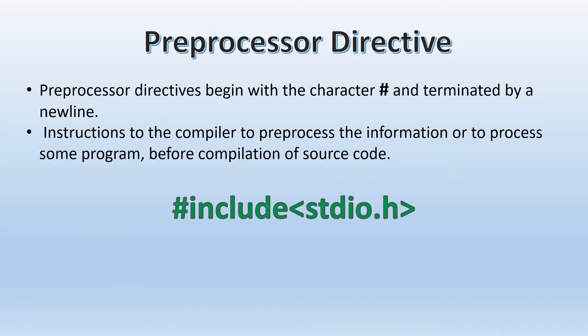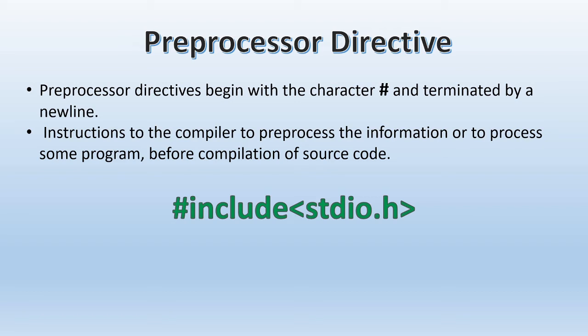In the previous discussion, I talked about the preprocessor directive. A preprocessor directive begins with the character hash, and it is terminated by a new line, that is an enter. These are basically directions or instructions given to the compiler to process some information before compilation. That's why the name suggests preprocessor.